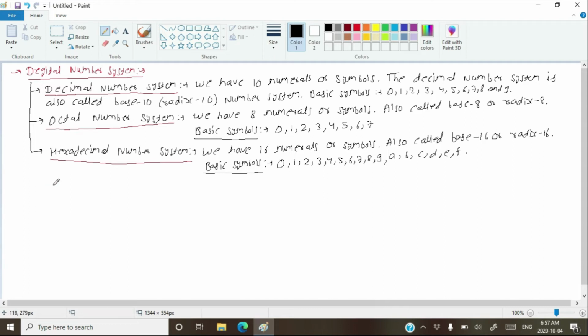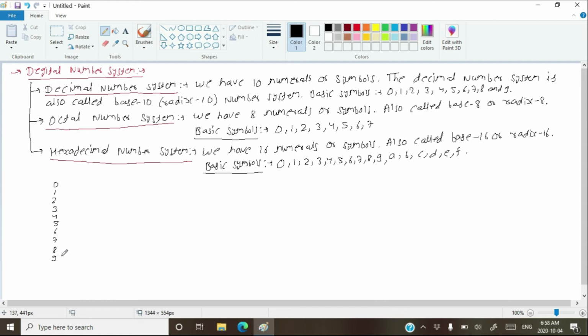So let's see the counting in the hexadecimal number system. You start counting with 0, of course. 0, 1, 2, 3, 4, 5, 6, 7, 8 and 9. But after 9, you are not done with all the basic symbols. You are not done with all the 16 symbols.